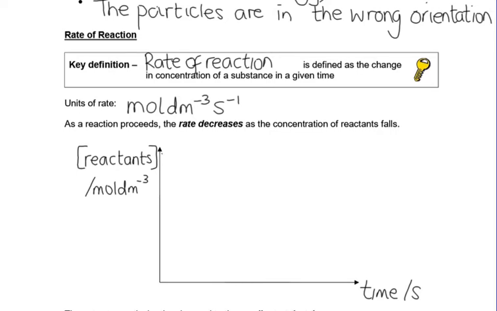Are they going to fall like this, consistently, all the same, or like this, faster at first and slower at the end? What do we think?